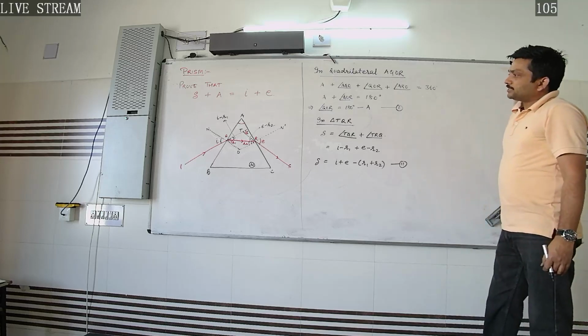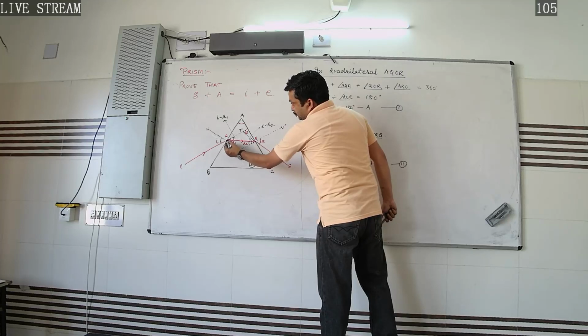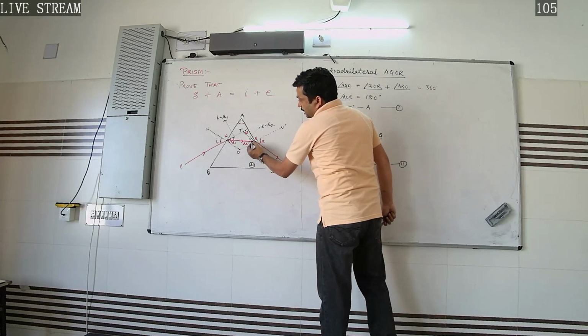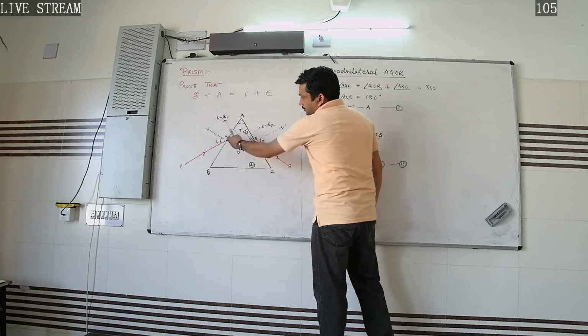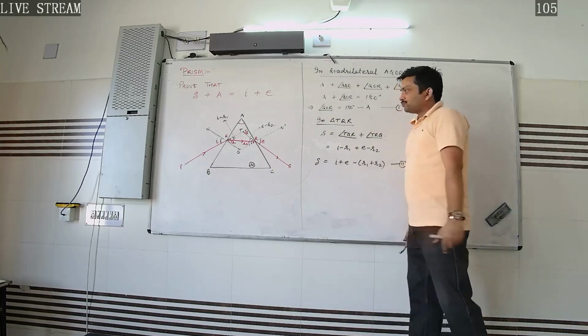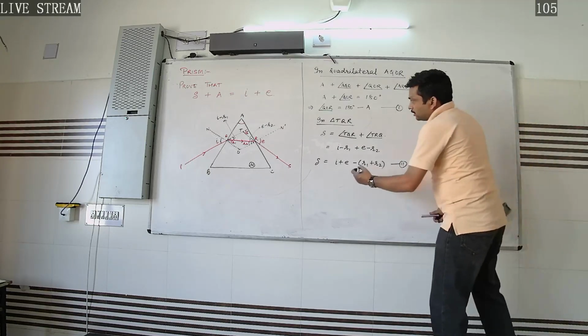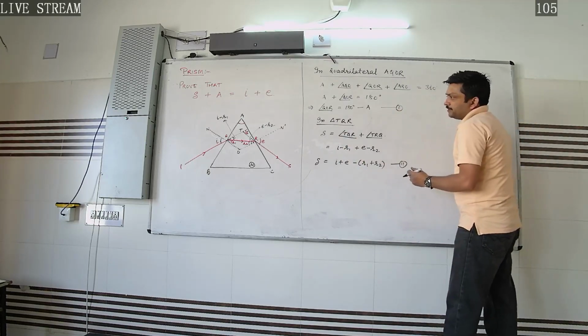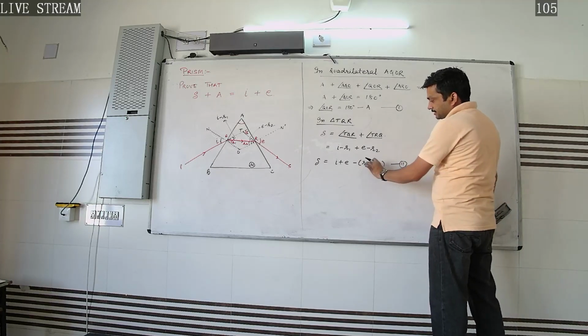Okay. In the next step, we are going to take this triangle QOR, and by making use of the angle sum property, that the sum of the three angles of a triangle is equal to 180 degrees, we will calculate the value of R1 plus R2 and put it in this equation.